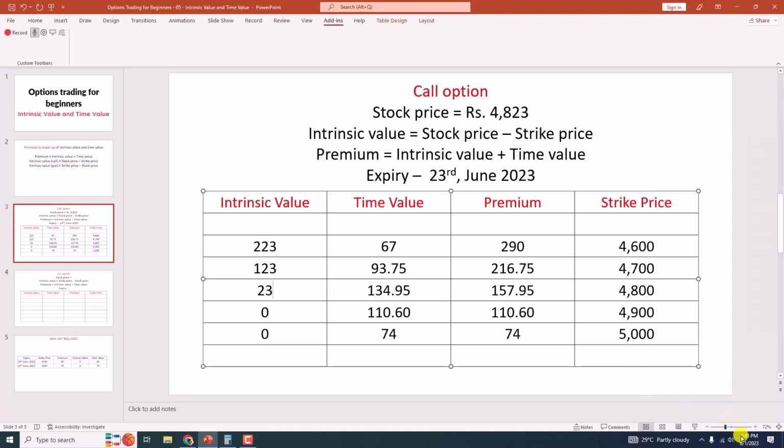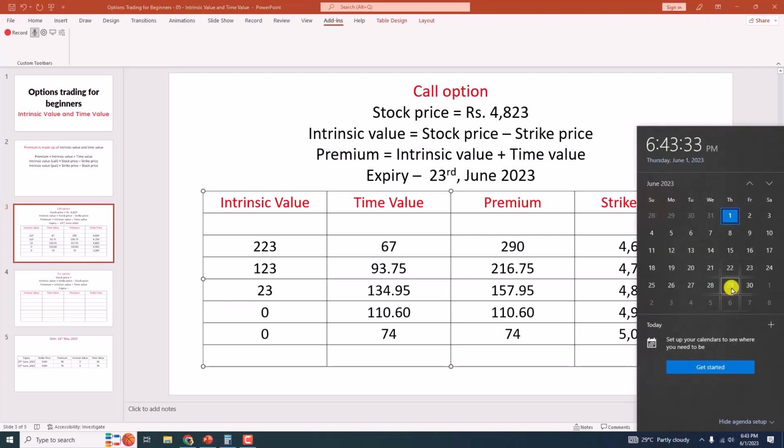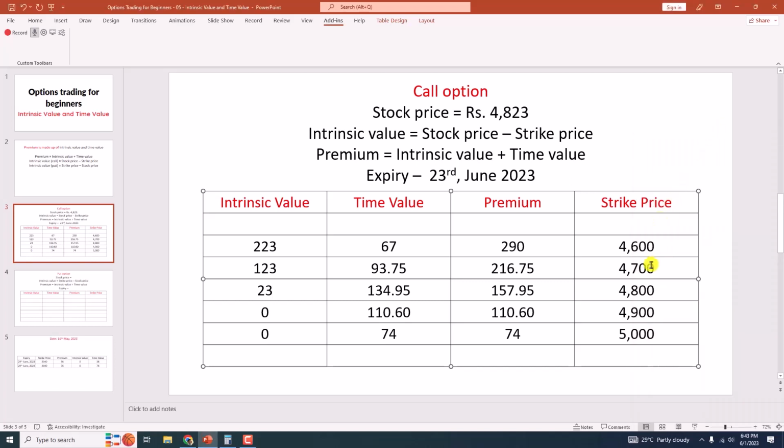The expiry is June 29th, but let us assume for this example that as soon as I buy it, the option expires. Morning 9:15, I have bought the 4,600 strike option, and as soon as I have bought it, it expires.